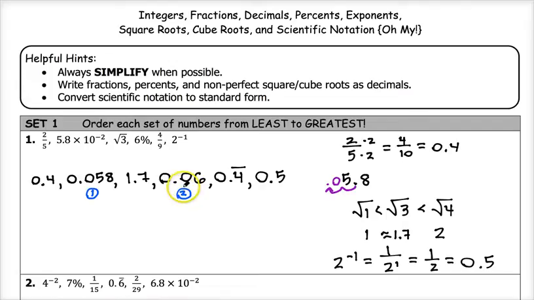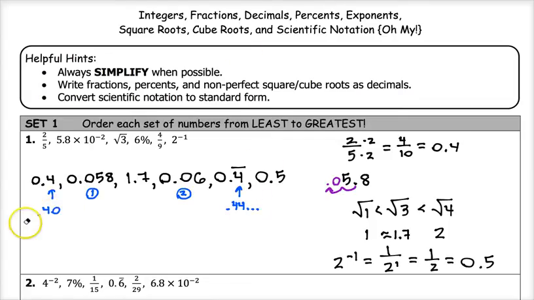From there, we'll go back to the tenths place. I have a 0.4 here, and I have a 0.4 here. This decimal, remember, is 0.40. This decimal here, 0.4 repeating, is 0.444 dot dot dot. If we go on to the hundredths place, we see that here 0 is less than 4.